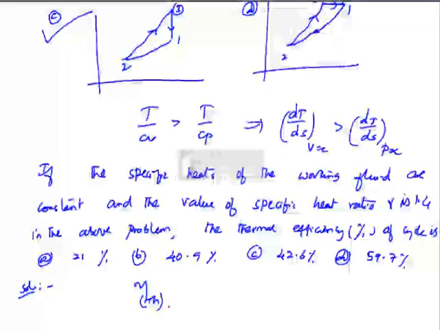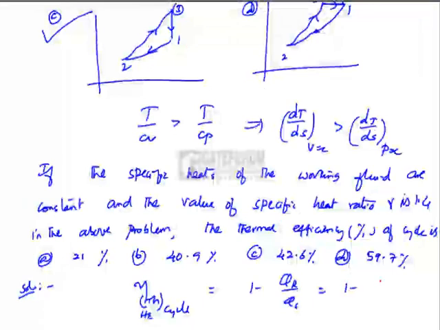The solution could be given as thermal efficiency of any heat engine cycle. It should be heat engine cycle. One minus QR by QS. Q rejected is in the process 1 to 2.